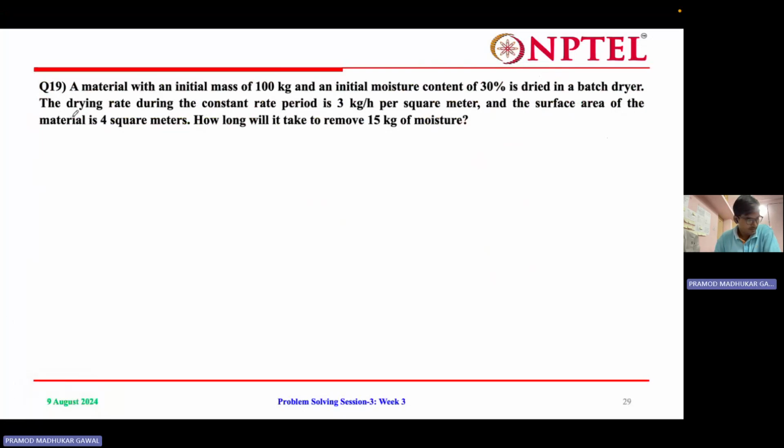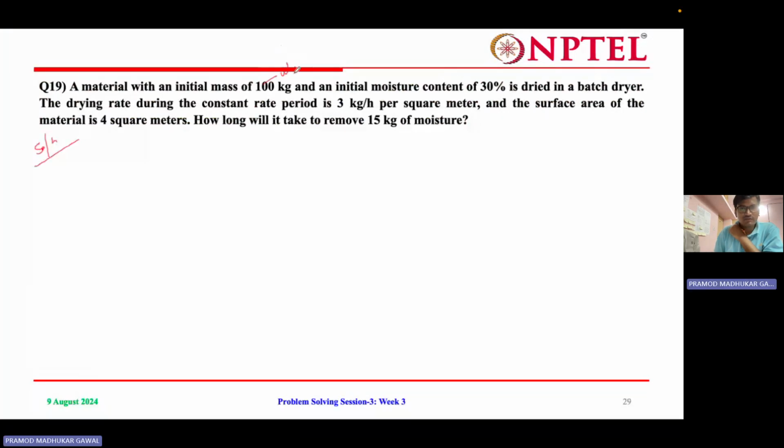Question number 19. A material with an initial mass of 100 kg and initial moisture content 30% is dried in a batch dryer. The drying rate during the constant rate period is 3 kg per hour per square meter and the surface area is 4 square meters. How long will it take to remove 15 kg of moisture? So the same concept applies here.